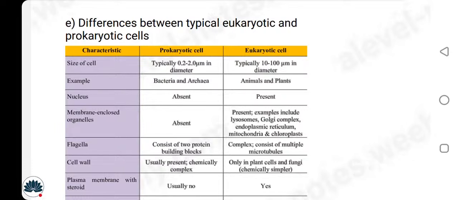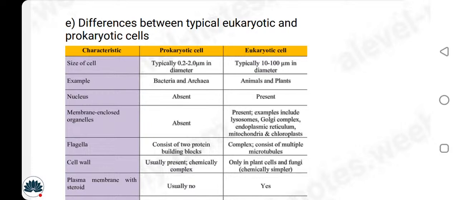And at the last, we are moving towards the differences between prokaryotic and eukaryotic cells. The size of the prokaryotic cell is 0.2 to 2 micrometers in diameter, while in eukaryotes it is 10 to 100 micrometers, meaning eukaryotes are larger. Examples in eukaryotes are animals and plants, and in prokaryotes are bacteria and archaea.